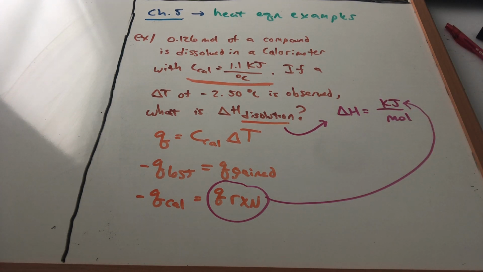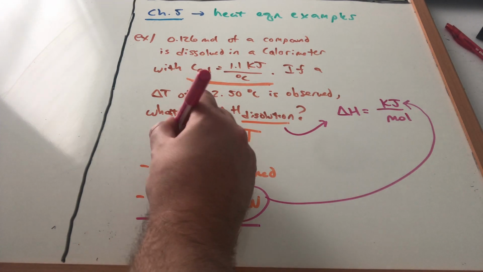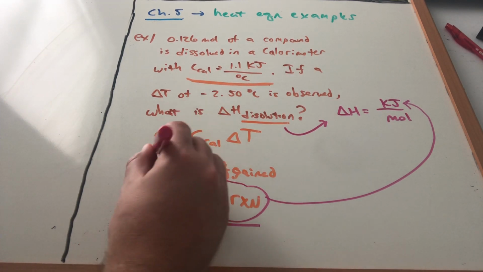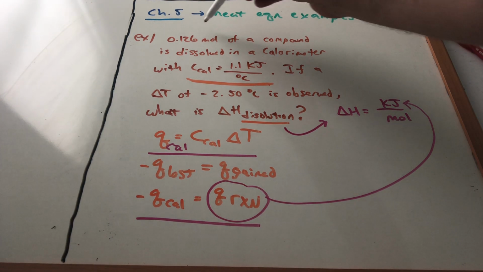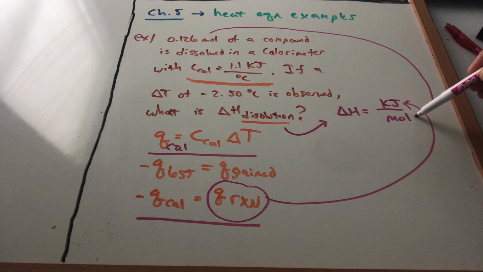of substance dissolved. So if I can use this heat exchange formula, knowing that Q cal is equal to C cal delta T, then I'm given the number of moles, and I have everything I need to put it together and take the energy of the process, divide by the moles that I'm given, and that is your enthalpy for the process.